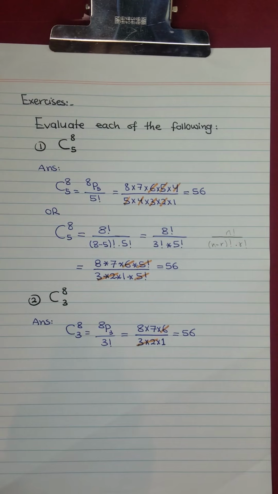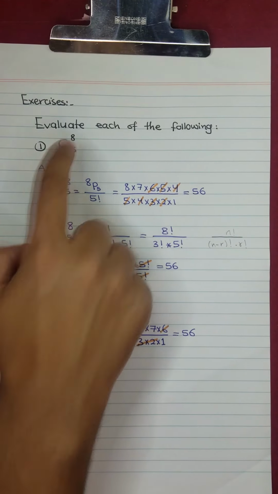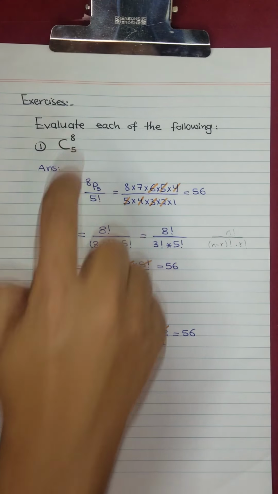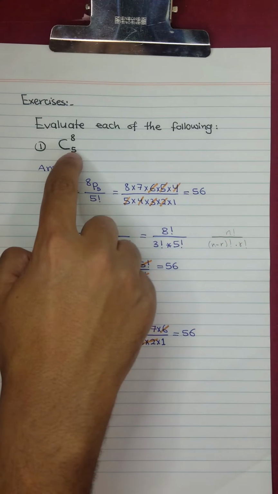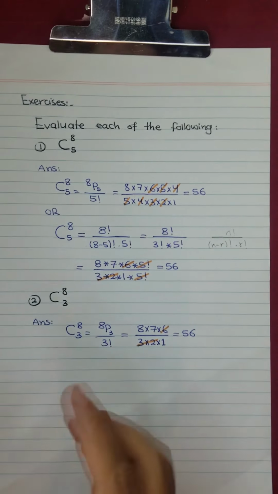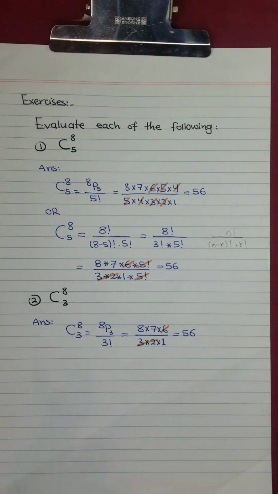Maybe some of you have already noticed that 3 plus 5 is going to be equal to 8. So we're saying, if we have two combinations with the same n, and r added together will give you that n, then their answer is going to be the same. Is this always true? Let's check it out with something else.